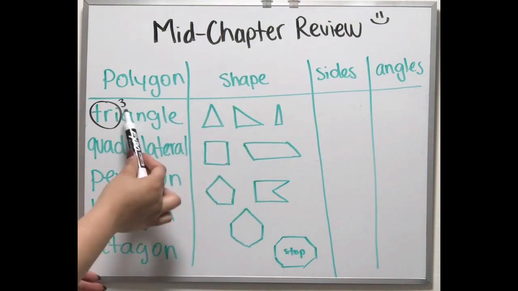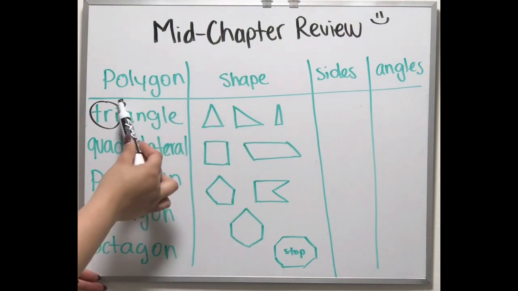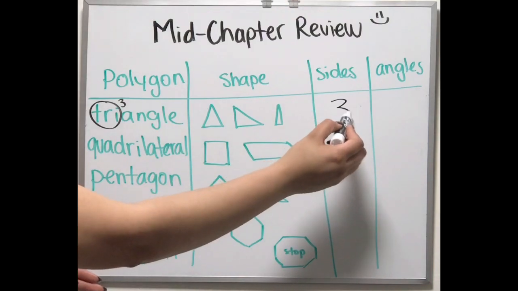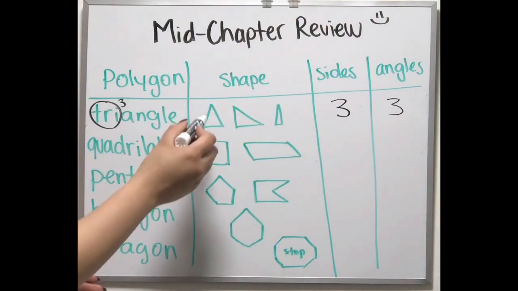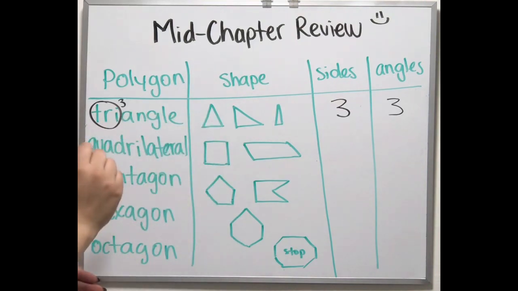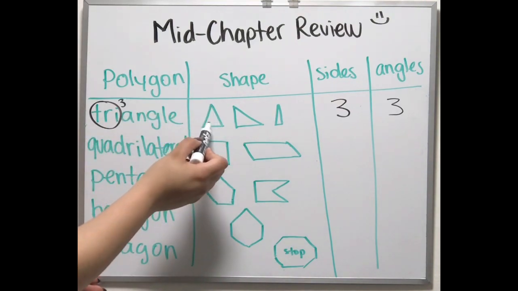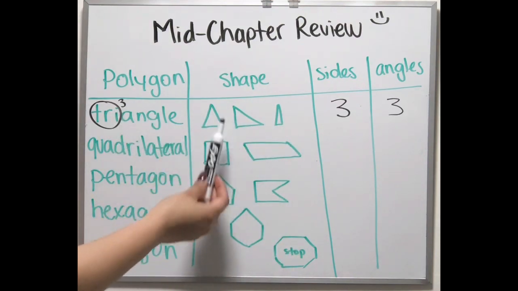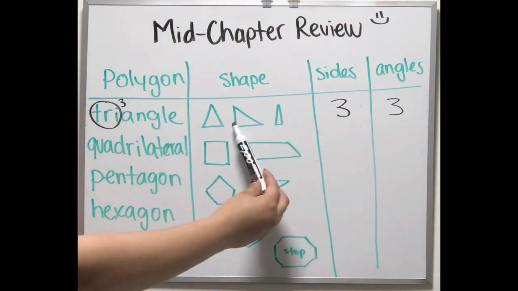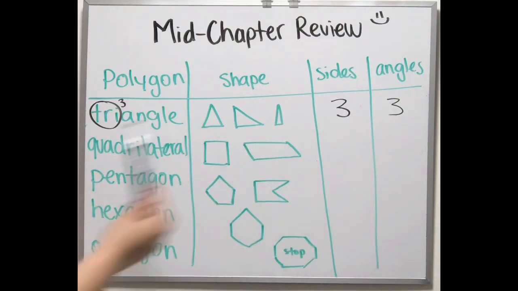Remember, a triangle has 3 sides and 3 angles. You can go ahead and count if you have the shape. 1, 2, 3 sides and 1, 2, 3 angles, and all of them are named triangles because they all match with the number of sides and the number of angles.